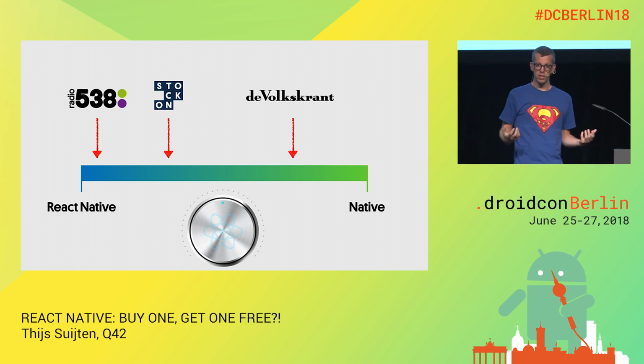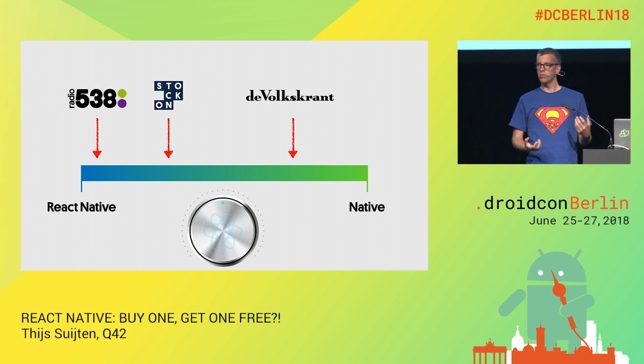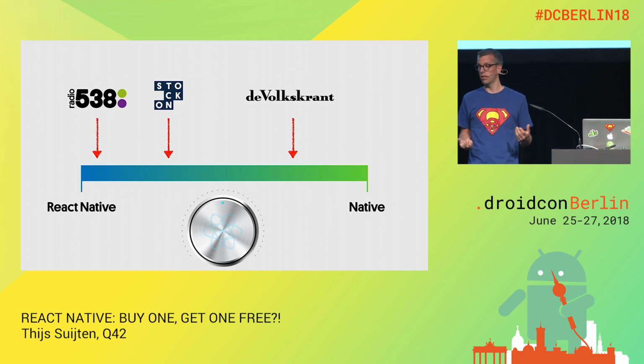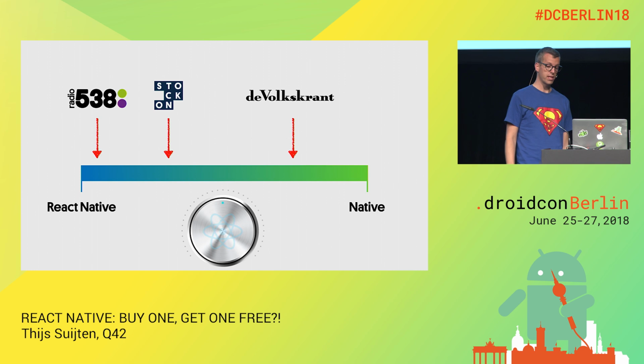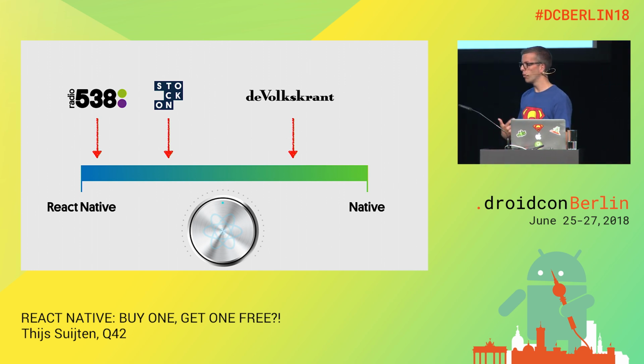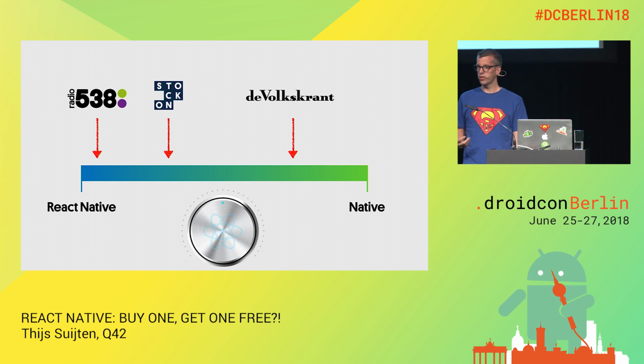But if you want to do something special, then it's very easy to write your own module in native and implement that like you would normally do on Android or iOS. I think that's a cool feature of React Native. So there's no waiting for new features of Android to be available in React Native, because it's very easy to just write your own module and do it yourself.